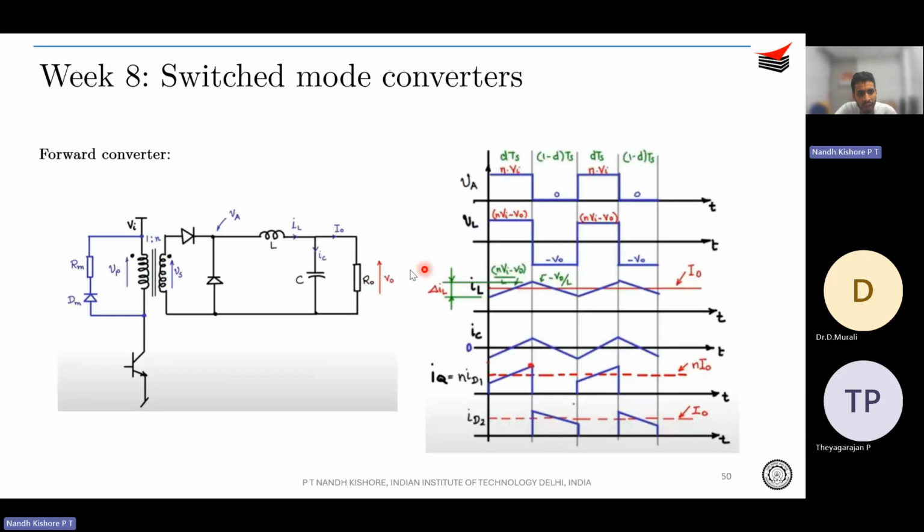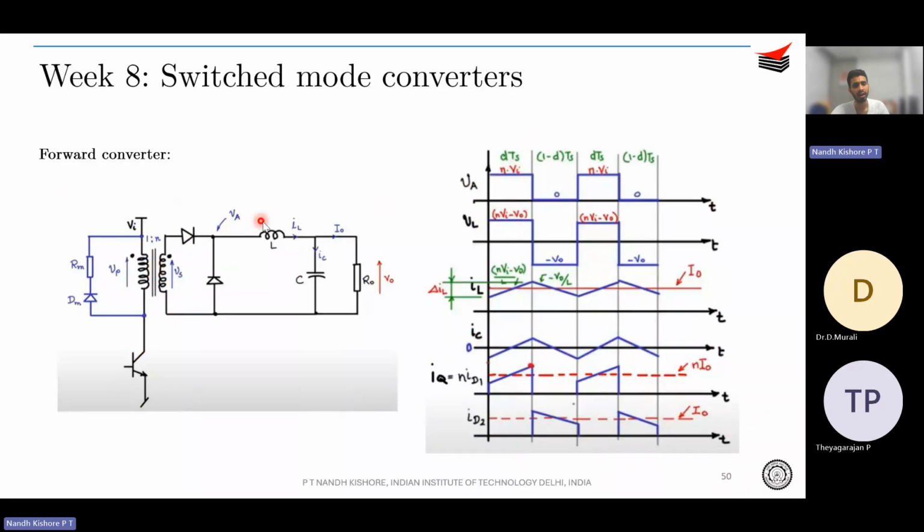I'm not going through the entire process, but you went through all the waveforms over here regarding what will be your VA, that is the pole voltage. Pole voltage is somewhat similar to the buck, but instead of Vi and 0, you have N times Vi and 0, because of the isolation stage.